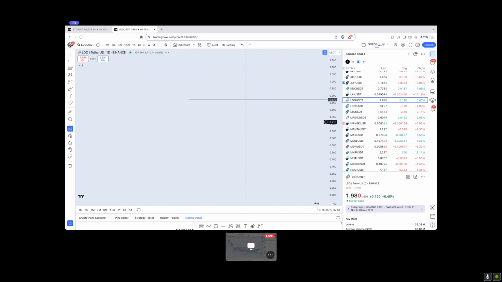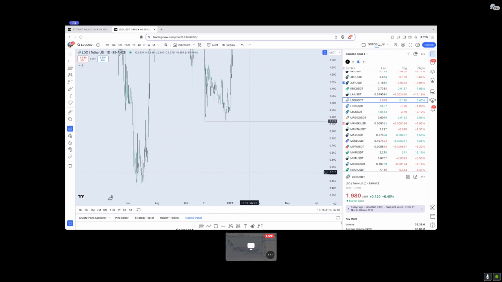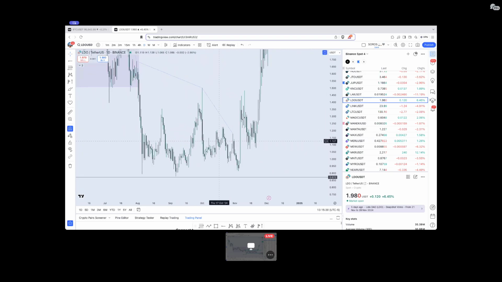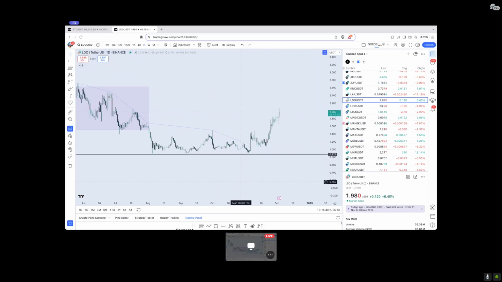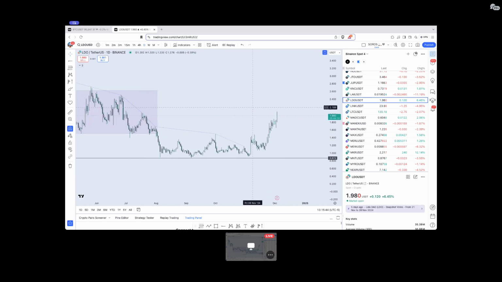That's an equal low with these lows. It's ridiculous they would leave that behind. So very frustrating coin. It does not adhere to TA. If you're trying to TA this coin, bro, you're pissing in the wind, man.